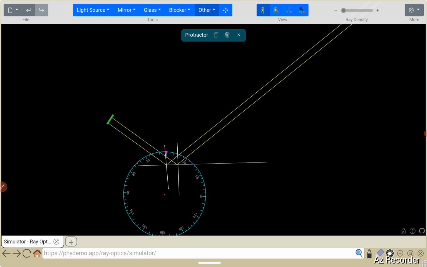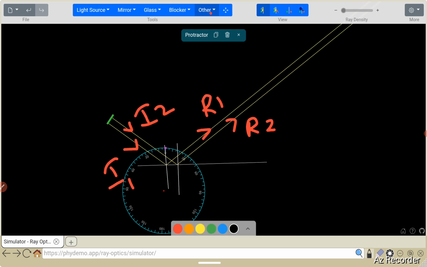Now check with the angle. Observe here. With blue light I'll do with green light so that it will be easy. Now this is the angle of incidence.